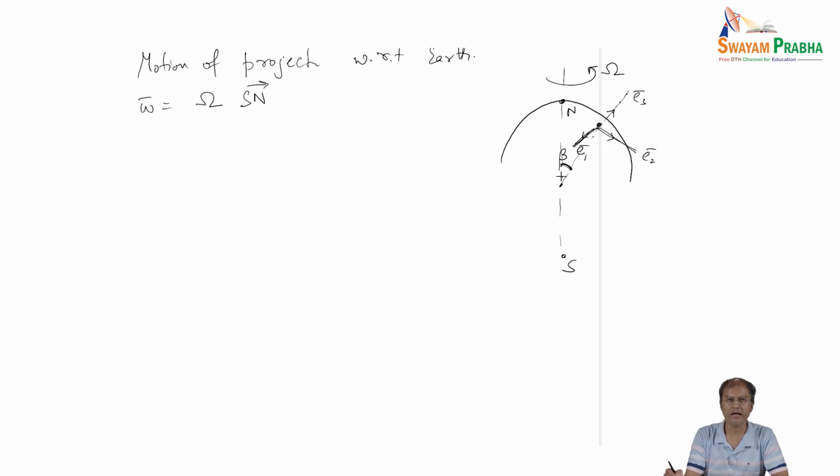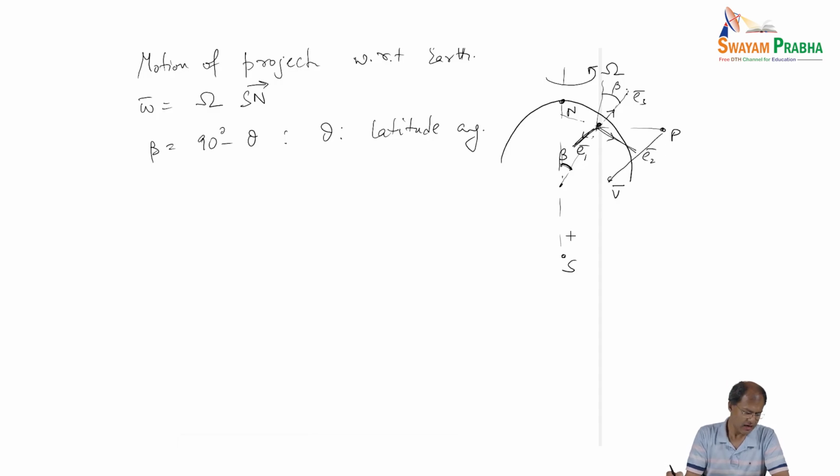Let us say this angle is beta, right? Typically beta is 90 degrees minus theta, where theta is the latitude angle, right? And then here is also again beta, and now we want to look at the motion of some particle P which is experiencing some velocity v, right? So that is the setup.